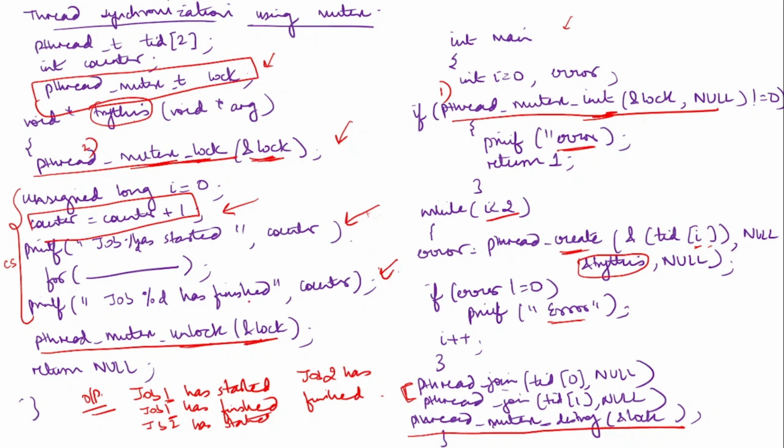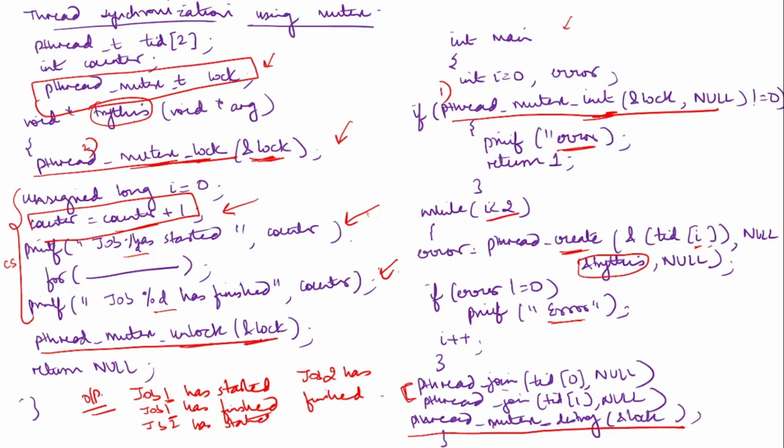As soon as job 1 is finished, this lock is unlocked. Now the second thread comes, executes this particular line, and the value of counter is incremented and goes to 2. In that case, it will give me the output as job 2 has started, job 2 has finished, and again it will be unlocked.